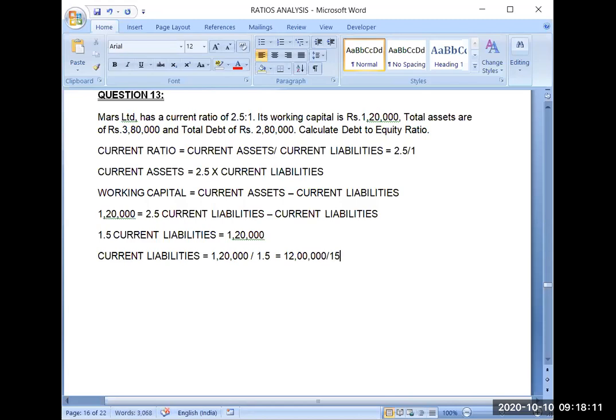Then I can cut it with the help of 3. It will become 4 lakh upon 5, and then I can directly cut it. It will become 80,000. So now I got the value of current liabilities. Value of current liabilities is 80,000.